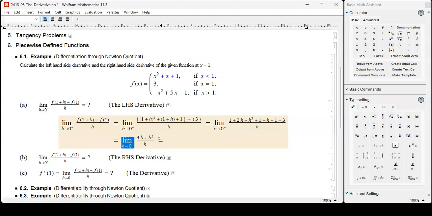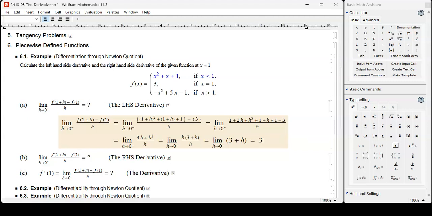How do you handle that? Factor h out. We have 3 plus h, and then divided by h. Okay, there you go. Numerator is factored out like this, and then this h and that h divide each other out, and then we have this limit of 3 plus h, and that's 3 plus 0, because h is going to 0 minus.